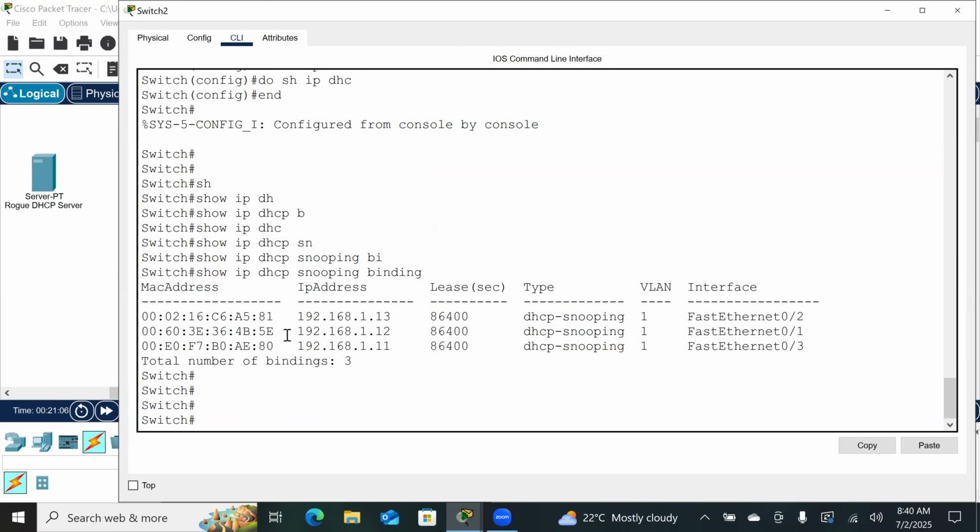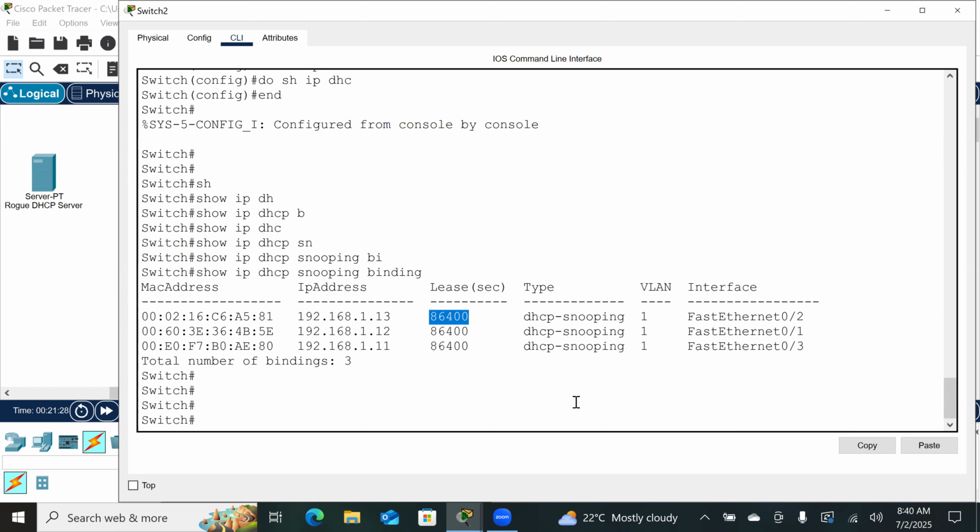Okay, yesterday I said what is the binding table? Okay, so what is there in that binding table? I said it will be the mapping of what? IP to map to the next what? Interface. Alright. So this is the MAC address we have, and then we have the IP address. And what is the lease time?